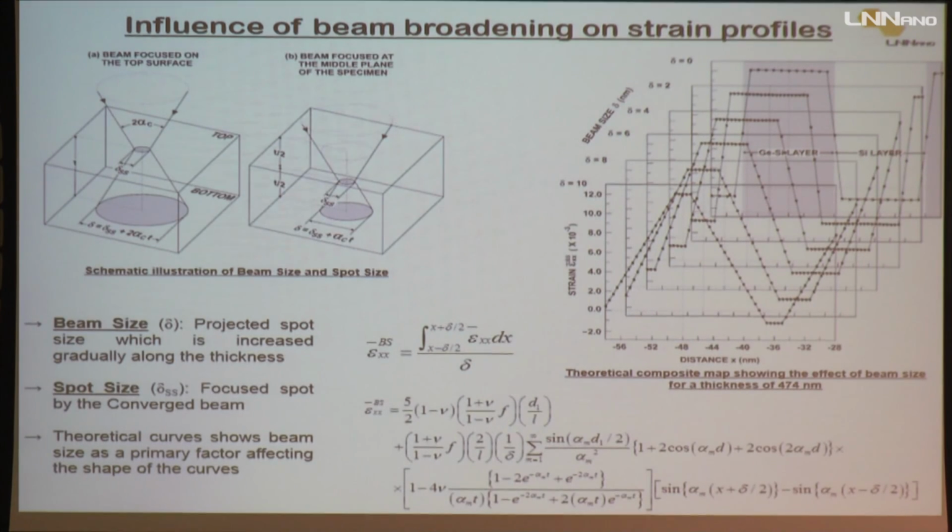One more thing I want to include in this model is the reason why I used it: I suspect that the change in the shape from the step to the Gaussian curve is due to the convergence of the CBED beam. What I mean is, when the electron beam is on the top of the surface, as it goes into the sample, the converged beam diverges inside the sample, and if the beam is focused exactly in the middle of the sample, again there is a kind of divergence as it proceeds through the sample.